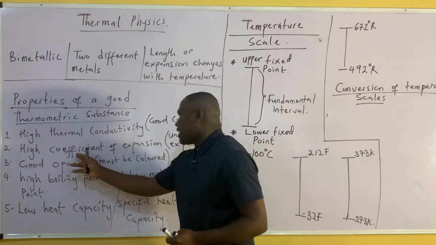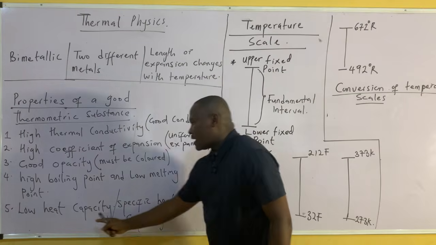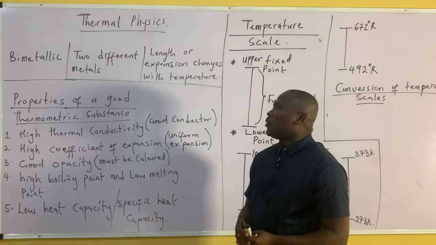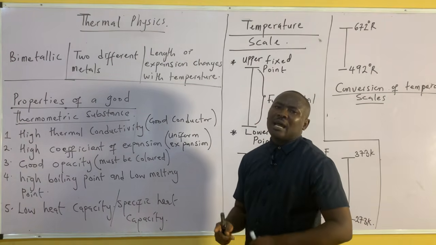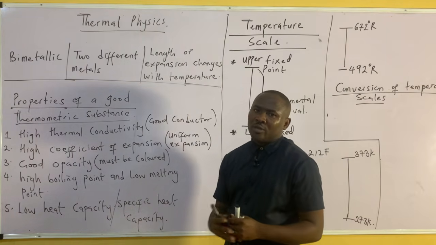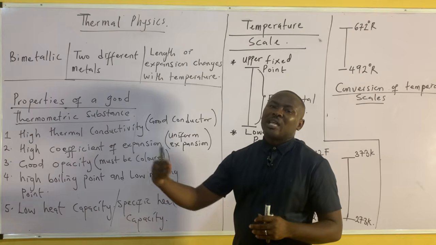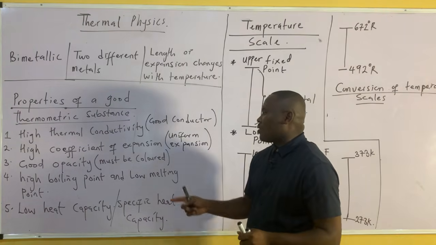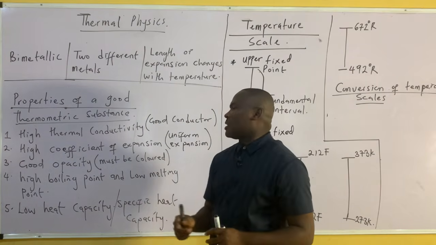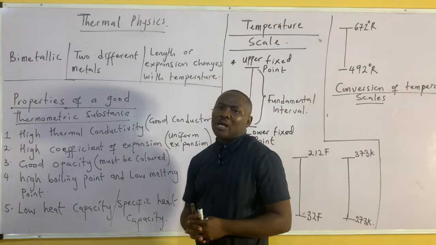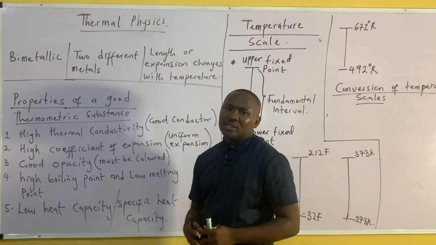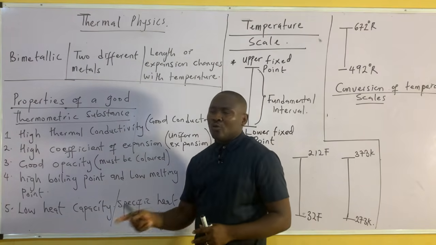It has a uniform expansion and a low specific heat capacity. One property that alcohol has over mercury is that alcohol expands more than mercury. The expansion of alcohol is 6 times that of mercury. And another thing is that alcohol has a lower melting point than mercury. So these are some of the properties that alcohol has over mercury, while mercury has more of the properties of a good thermometric substance over alcohol.